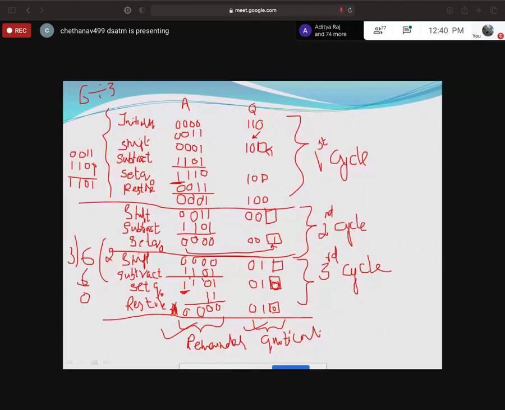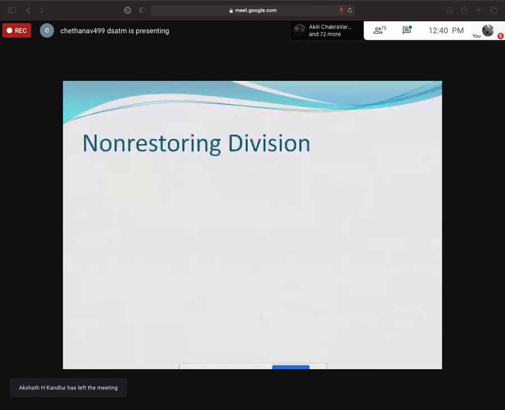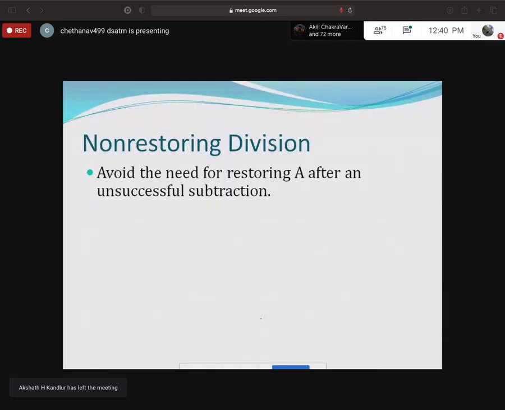See, whatever we have done, this is restoring. We have another method to do the division, that is non-restoring. Just see here, this is non-restoring. In non-restoring, you are not supposed to restore; there is no need to restore your divisor value again and again.